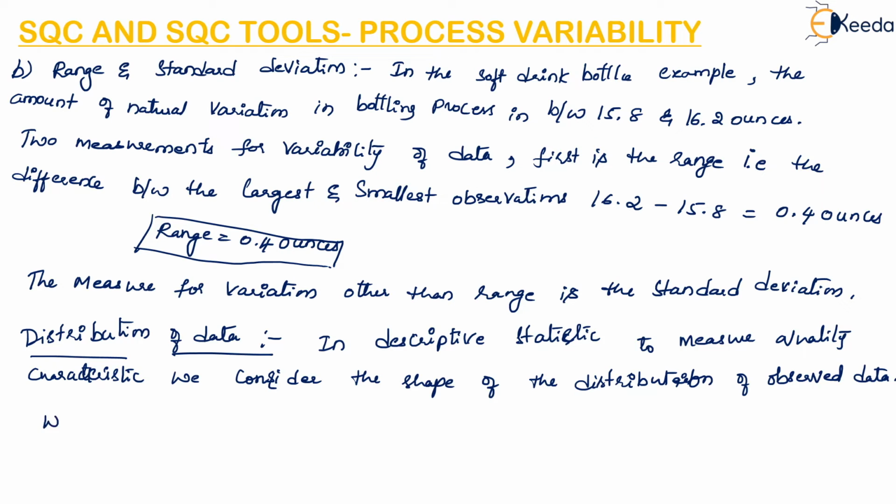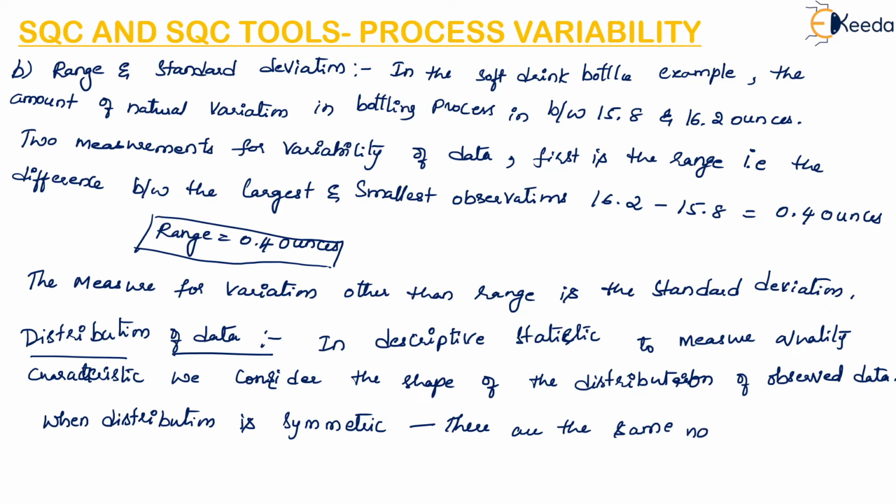So when the distribution is symmetric, there are the same number of observations above and below the mean. So if there is normal variation, the distribution of the observations above and below the mean will be the same, or the distribution will be symmetric.